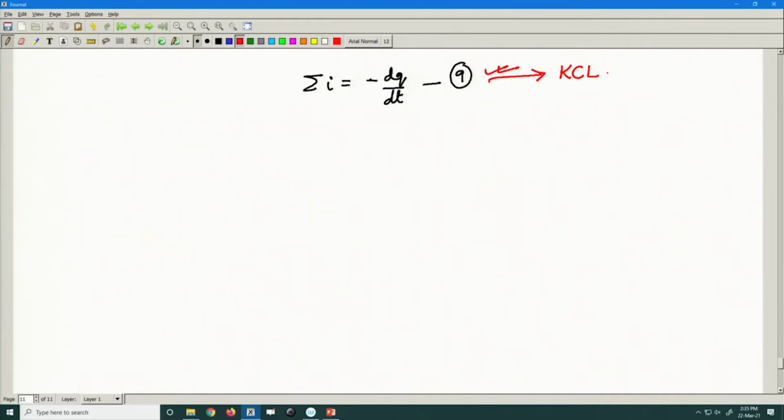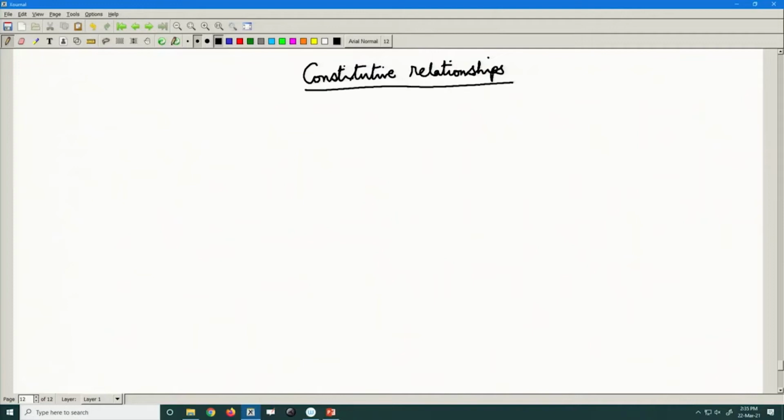From here we next go to constitutive relationships.